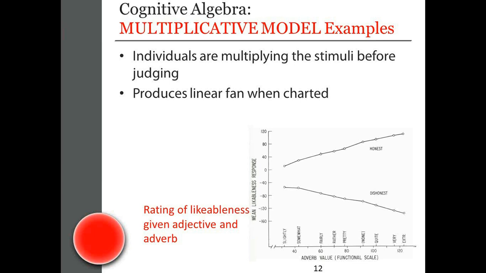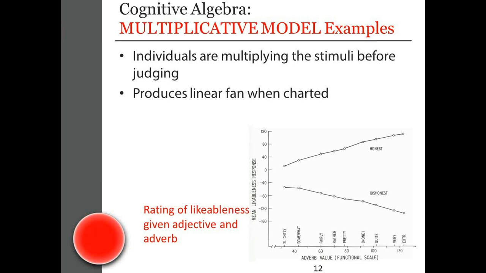So slightly honest is given a rating just a little above 0, whereas somewhat honest is given a rating almost around 30. And you can see when the honest adjective is there that as you move from slightly up to quite and very and extremely, the ratings all increase, whereas they all decrease if the adjective is dishonest.